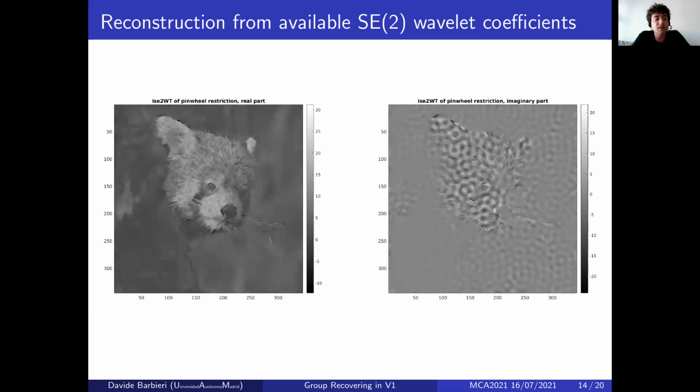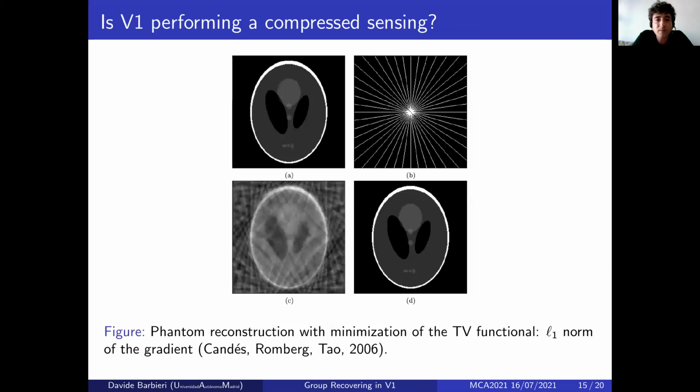However, this reconstruction reminds me of some experiments that were performed some 15 years ago in compressed sensing, where most of you know compressed sensing much better than me. So let me indulge in some details here, but if I say something wrong, please correct me.